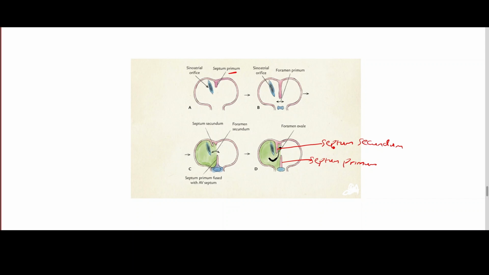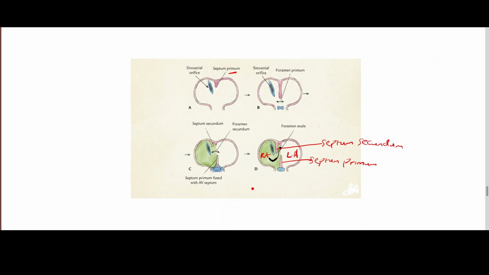Now the septum secundum partially overlaps the septum primum and leaves an opening called the foramen ovale. Due to this foramen ovale, blood flows from the right part of the atrium to the left part of the atrium. So this is the right atrium and this is the left atrium.